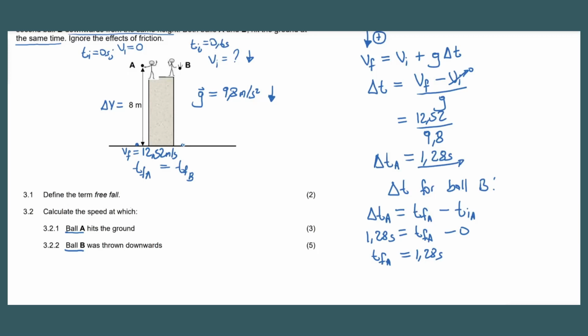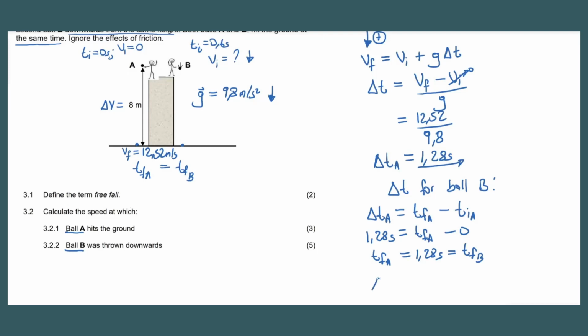Okay? And now this is important because we know that ball A and ball B reached the ground at the same time, which means that the time final for ball A is equal to the time final for ball B. So this 1.28 seconds is also going to be equal to the final time for ball B. Okay? And so now we can do a similar calculation for ball B, but with the aim of finding the change in time.